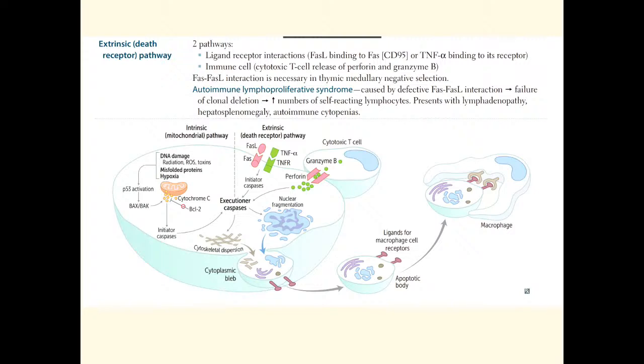This is the same mechanism when we have a problem in the periphery, a problem with the destruction of reactive T cells caused by a Fas or Fas ligand interaction problem.